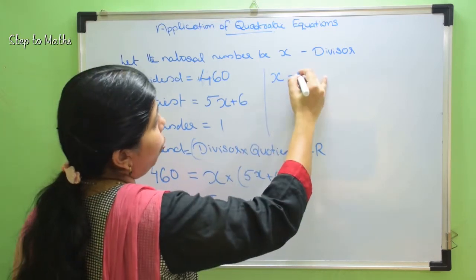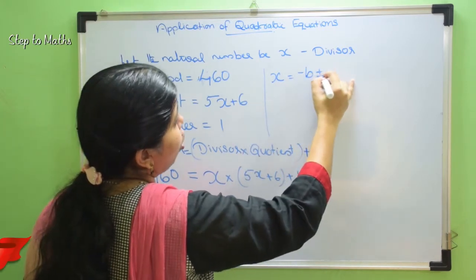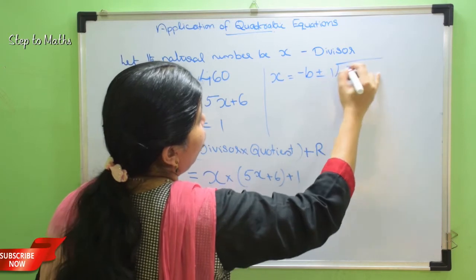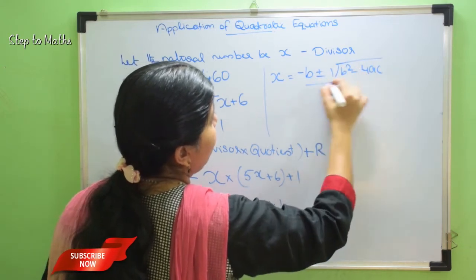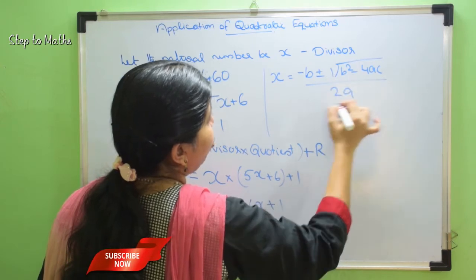x is equal to minus b plus or minus root of b square minus 4ac, by 2a.